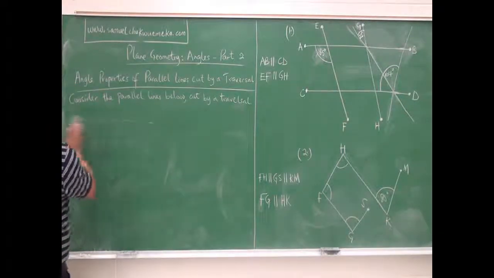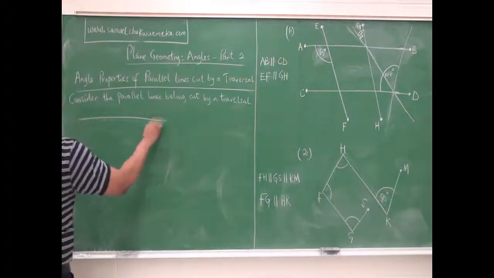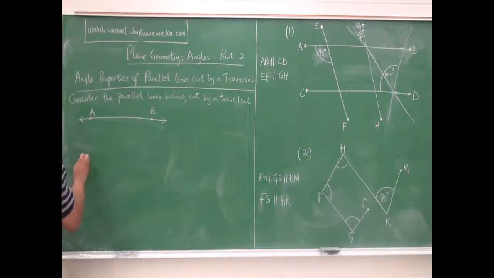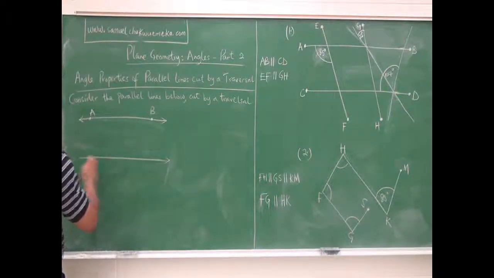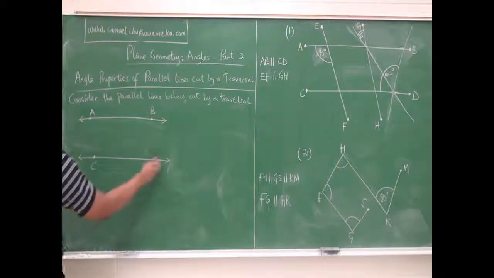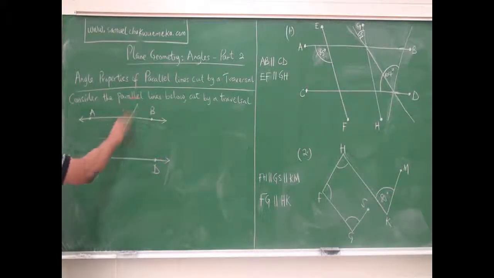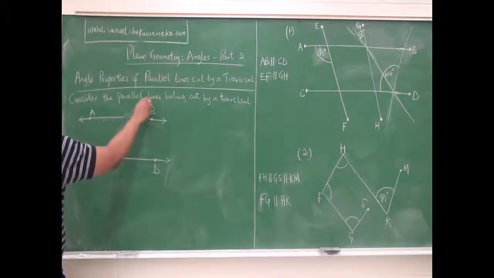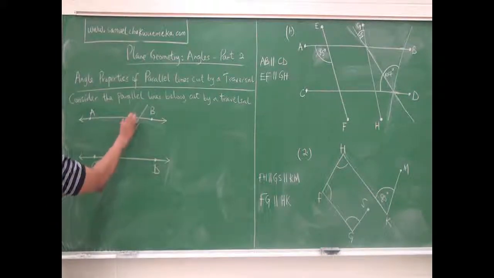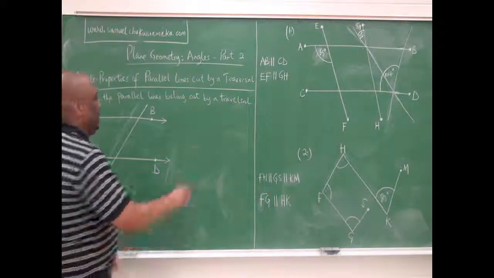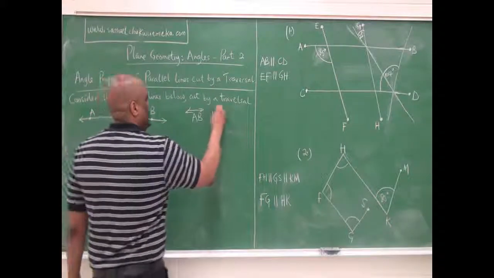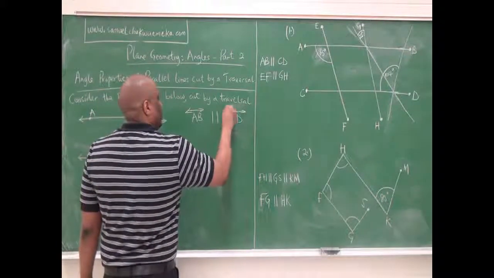So we have line AB, and then we have line CD, and this traversal cuts it. Now, let's note here that line AB is parallel to line CD.